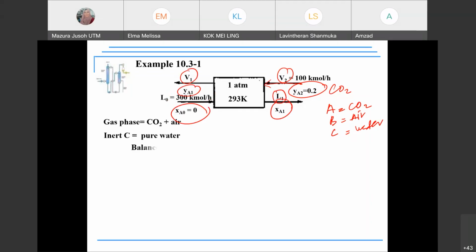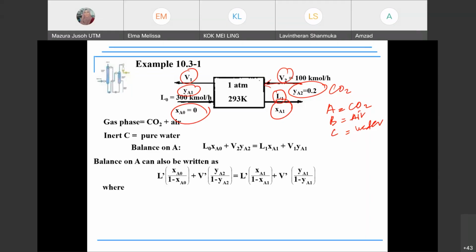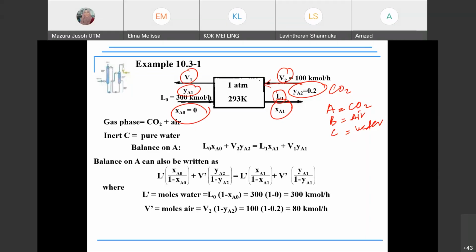Now you start with a balance on A. This is the total balance. So you write the equation based on the inert. Now you can actually calculate what L prime and V prime are from this equation that we derived just now. L prime is L naught times 1 minus XA naught. You know that L naught is 300. XA naught is actually 0.